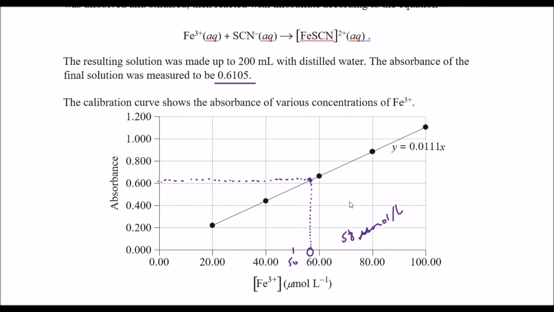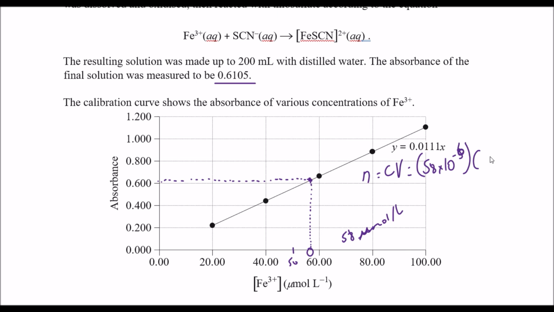From this concentration, let's work out the number of moles we have. The number of moles is equal to concentration times volume. Our concentration is 58 times 10 to the minus 3, because we're trying to convert micro into moles.